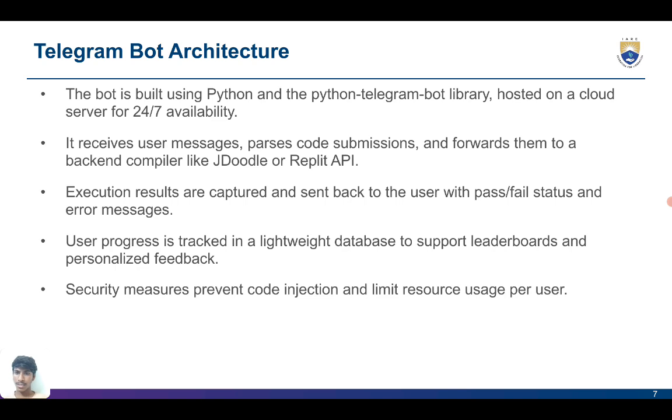Execution results are captured and sent back to the user with pass or fail status and error messages. User progress is tracked in a lightweight database to support leaderboards and personalized feedback. Security measures prevent code injection and limit resource usage per user.